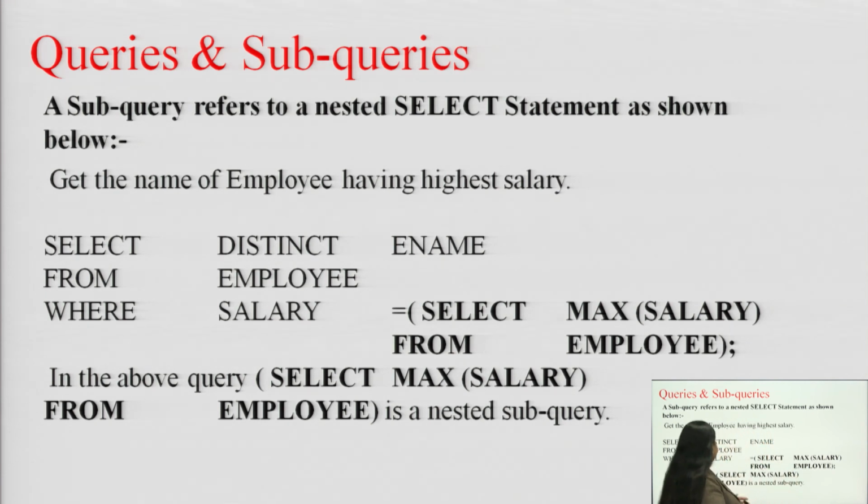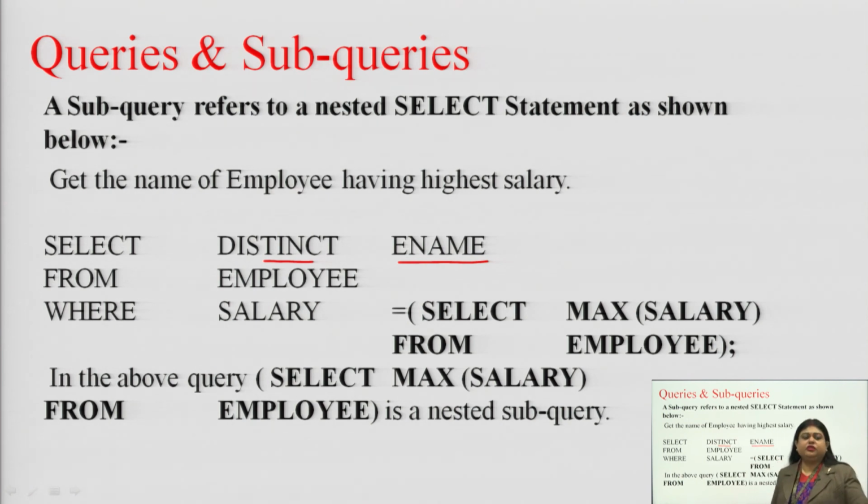So, over here you can see that we have used this particular structure. It says select distinct e name. Distinct means it should not have more than one copy. Distinct employee names from the employee table where salary is equal to, now this is the subquery, where salary is equal to, now where is it going to get the salary from?